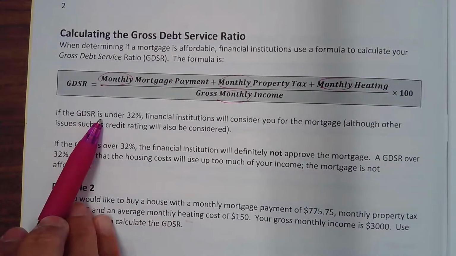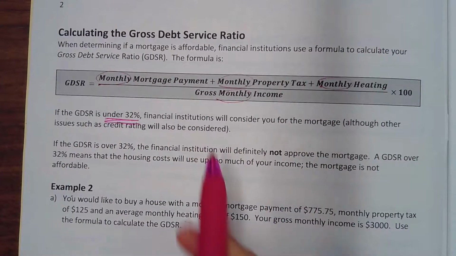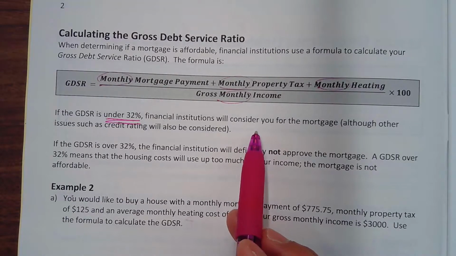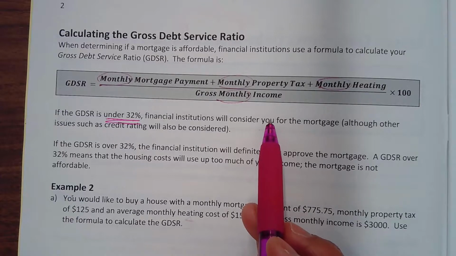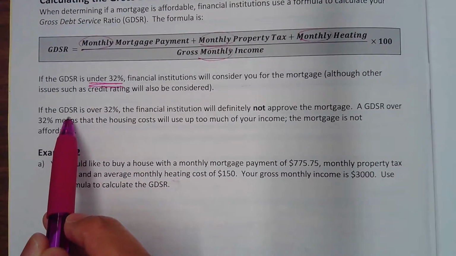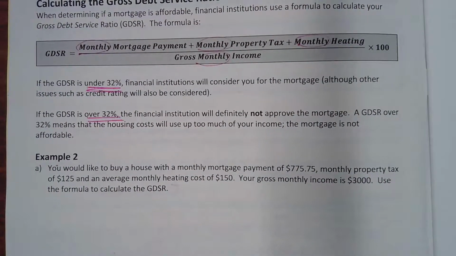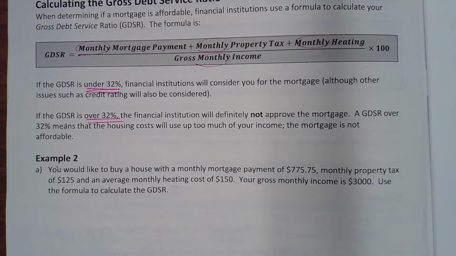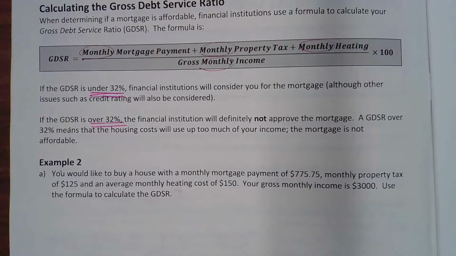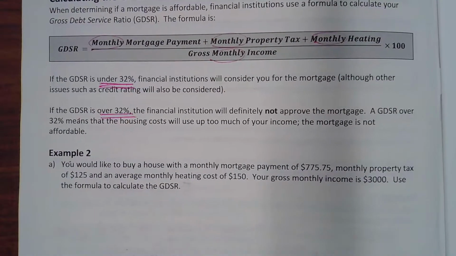If the GDSR is under 32%, the financial institution will consider lending you the money. If it's over 32%, definitely the bank will not grant us the loan to buy the house. It's just not affordable. You won't have enough money for the other stuff you have to pay for.